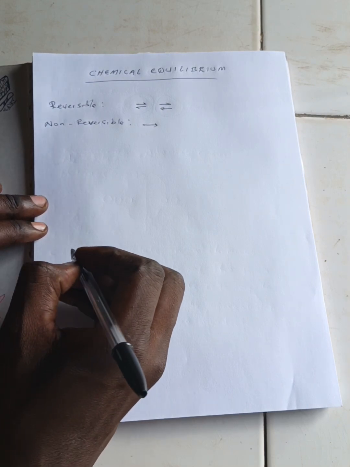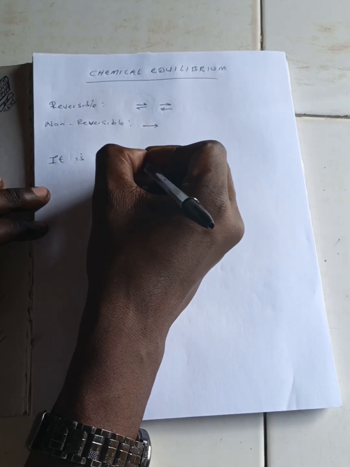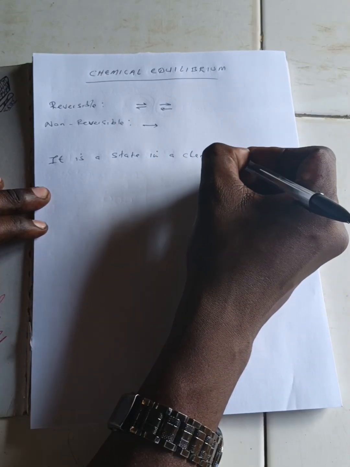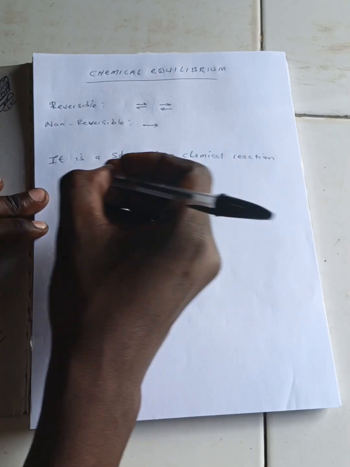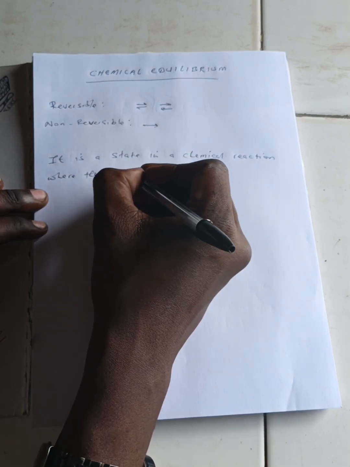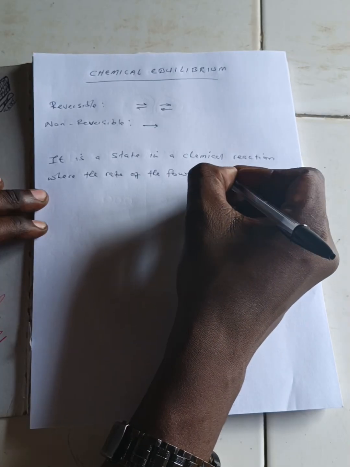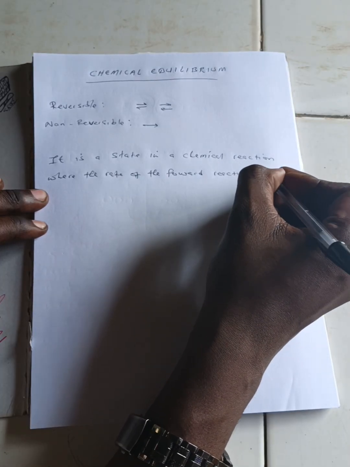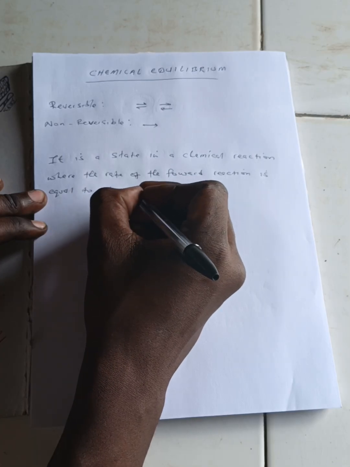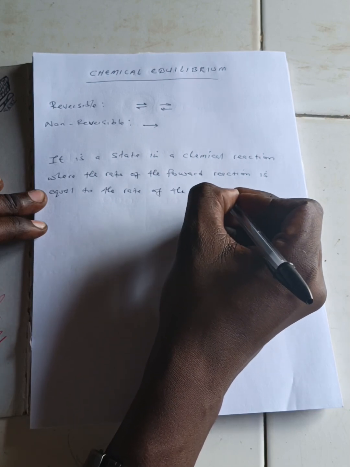So let's first write the definition for chemical equilibrium. So we'll say it is a state in a chemical reaction where the rate of the forward reaction is equal to the rate of the reverse reaction.